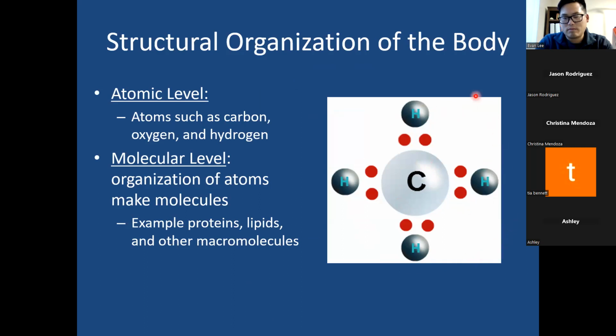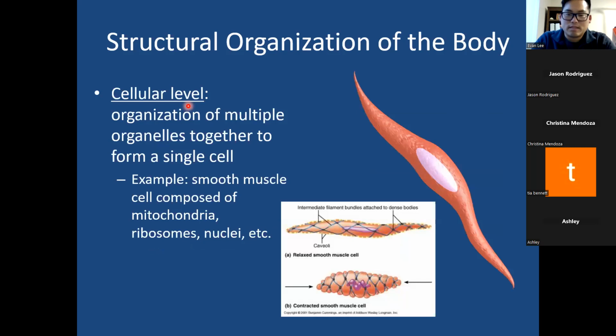This is a little bit more complex, but specifically the molecules that we are mostly interested in are the basic units of human life. That's going to be proteins, lipids or fats, and then other macromolecules such as sugars and otherwise. So atoms, smallest, combine those atoms, molecules, combine those molecules, and you get the cell.